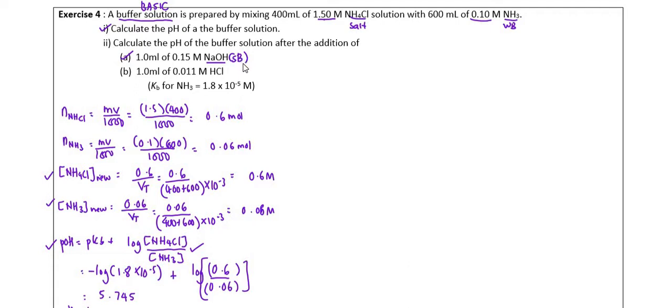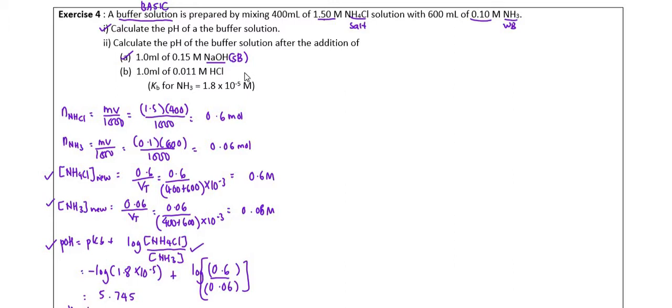From the theory, we said that the pH of the buffer will remain, or have only small changes, if you add a small amount of strong base. But now we want to prove whether the buffer solution can maintain its pH or not.